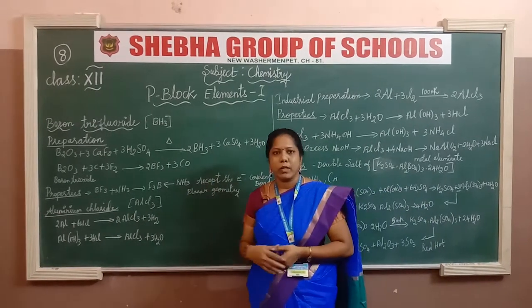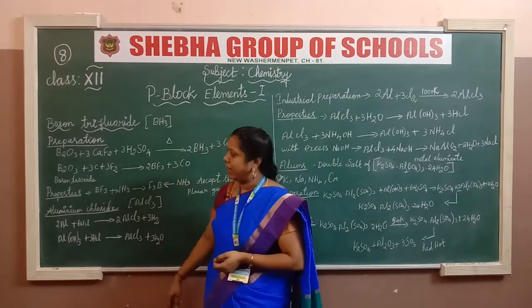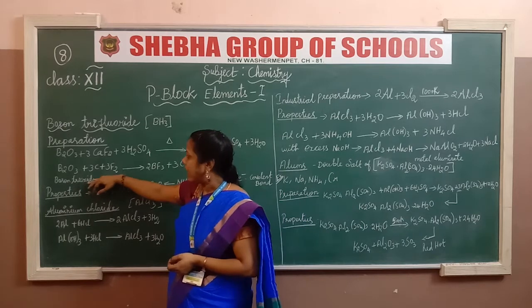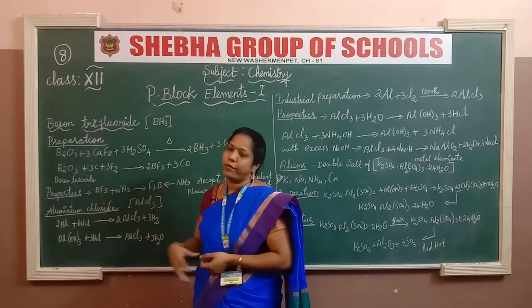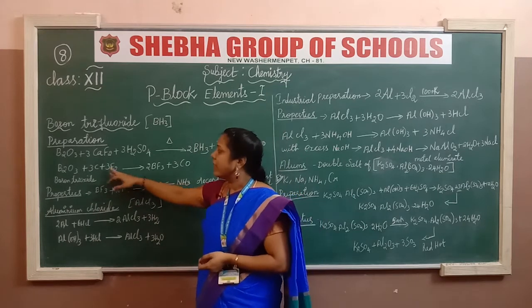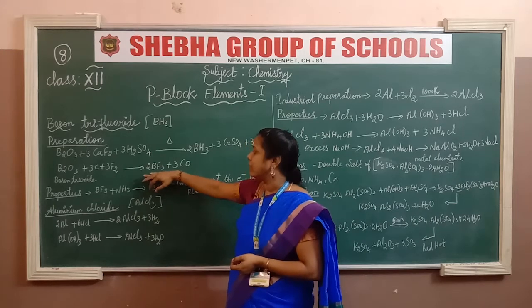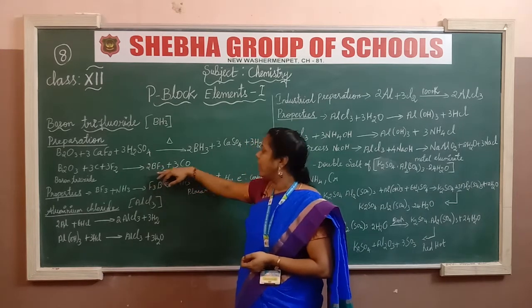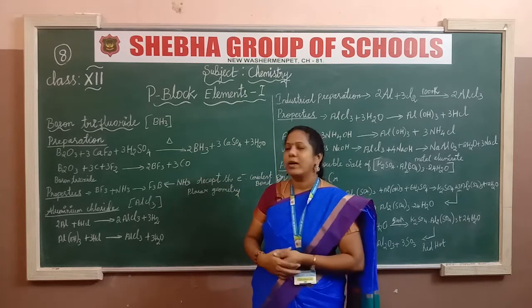Alternatively, boron trioxide in the presence of carbon and fluorine: carbon and fluorine react with boron trioxide, and we get boron trifluoride along with carbon monoxide. This is the preparation of boron trifluoride.